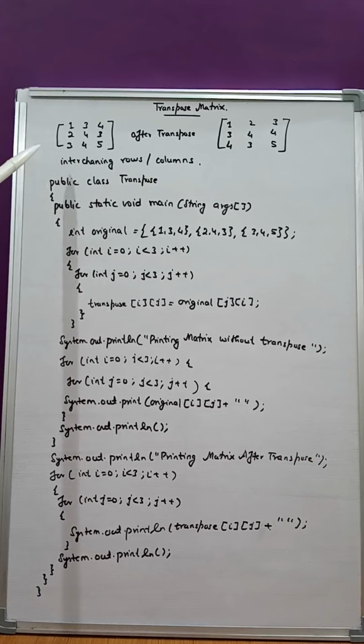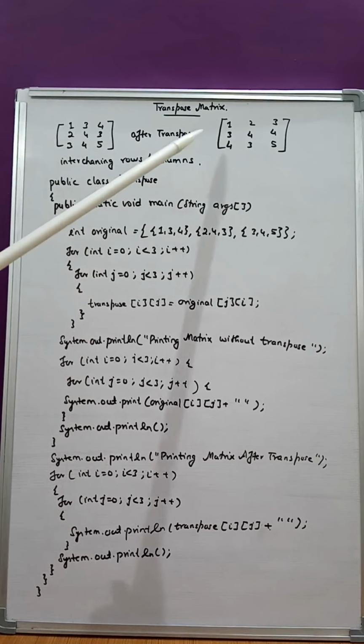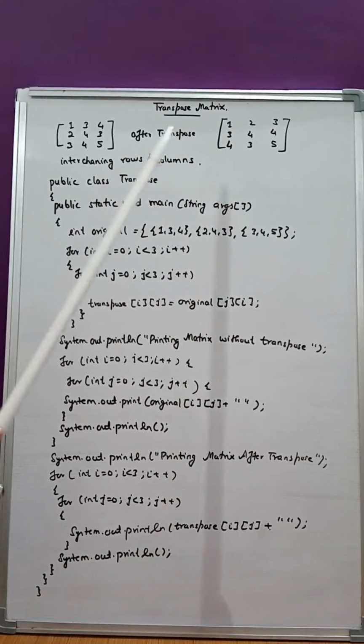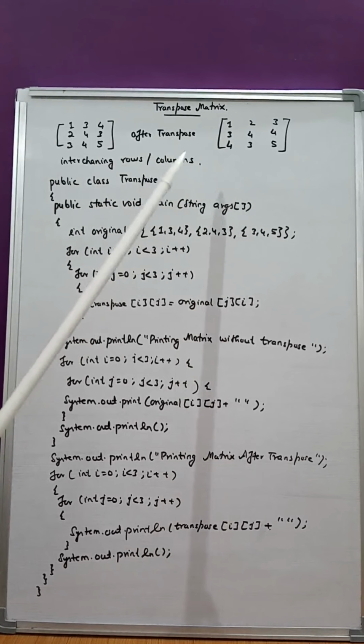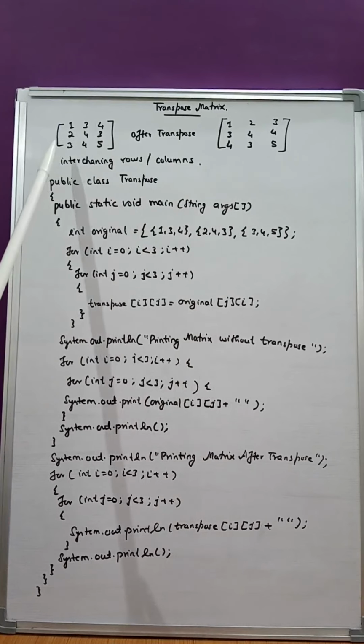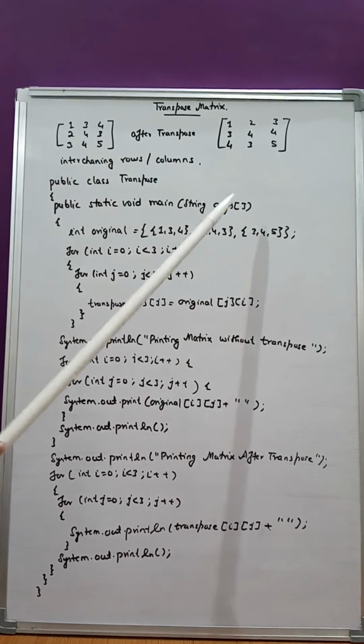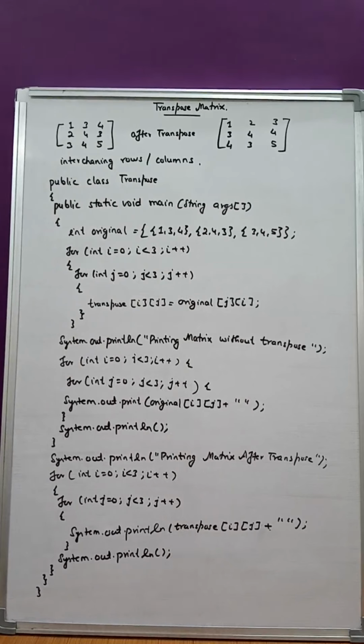You can see that here the row is 1 3 4, and after the transpose, the first row becomes the first column. So simply exchanging all the elements in a row with the elements of the columns is known as the calculation of a transpose of a matrix.